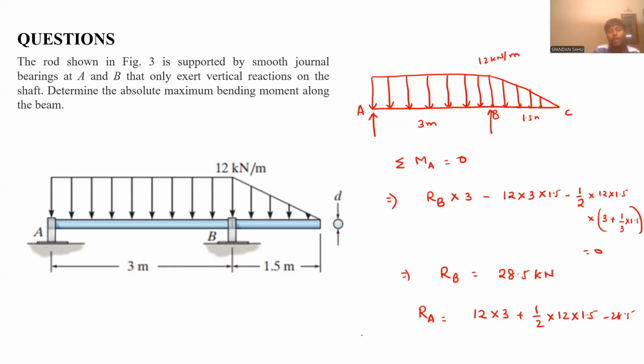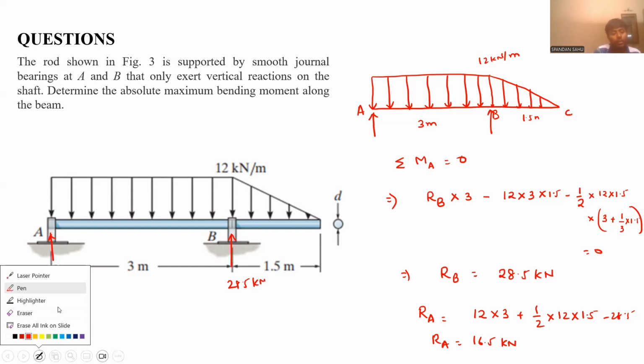So RA we are getting to be 16.5 kilonewton. So now RA you are getting 16.5 kilonewton, RB you are getting 28.5 kilonewton.